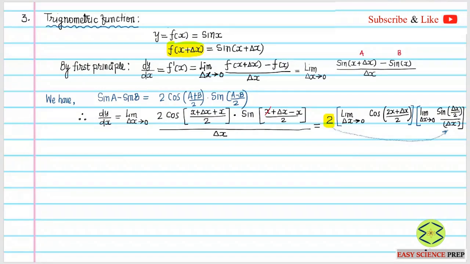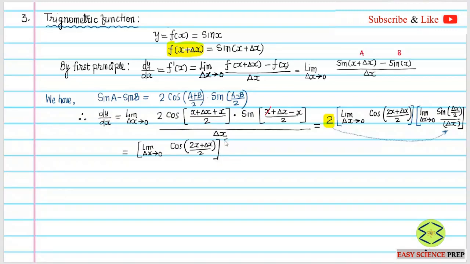So you shall be getting limit delta x tends to 0 cos of (2x plus delta x) whole divided by 2.